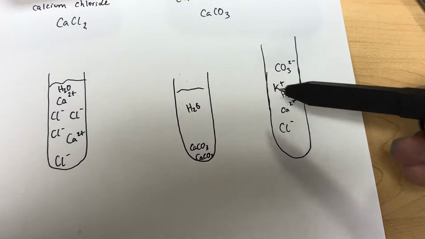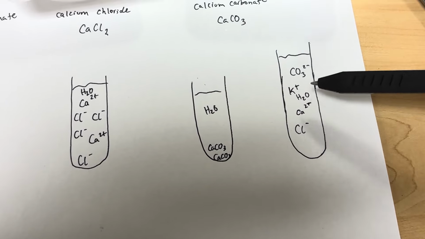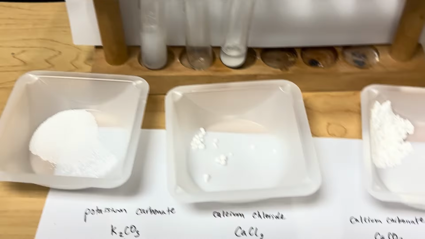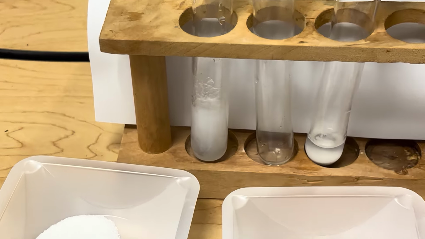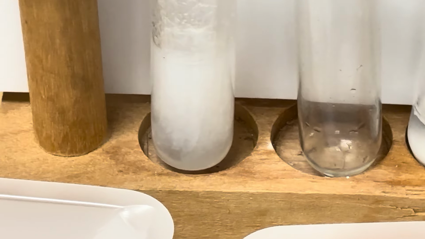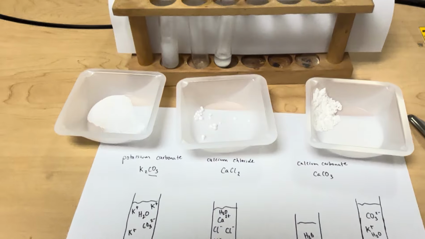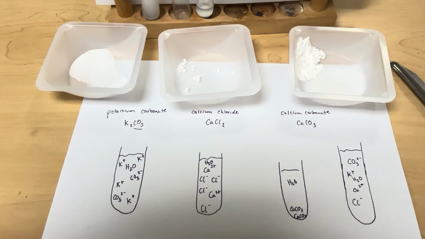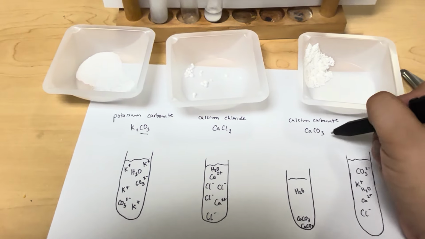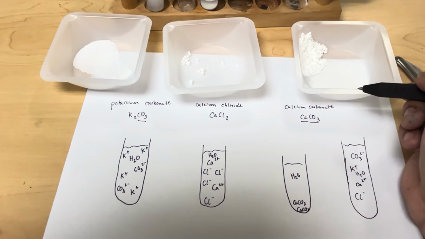Based on what I said was in my test tube, what could that solid stuff be? There's potassium ions in there, there's calcium ions, there's chloride ions, and there's carbonate ions. What did we say was true about calcium ions and carbonate ions?